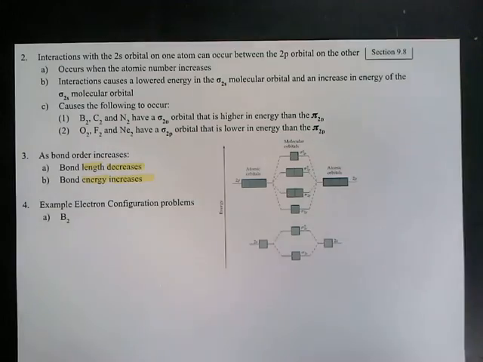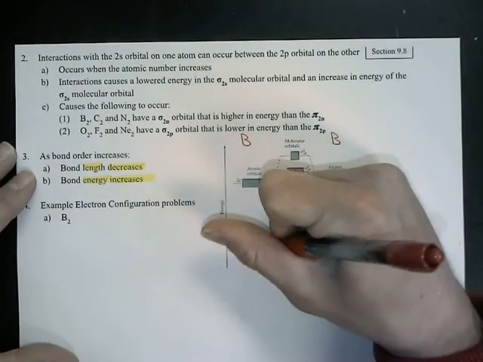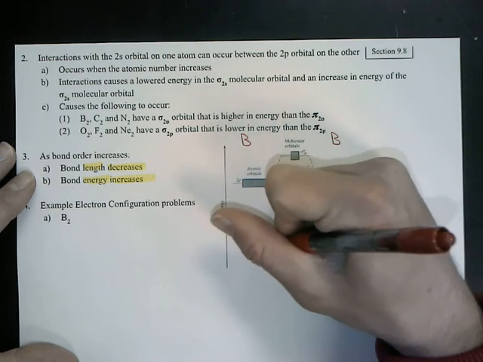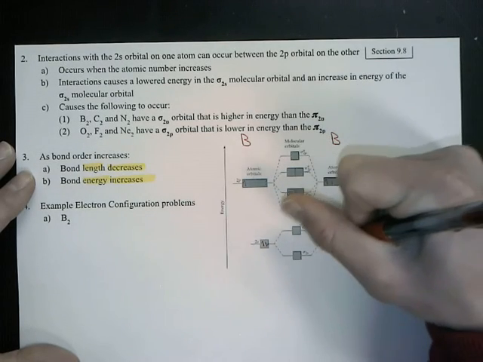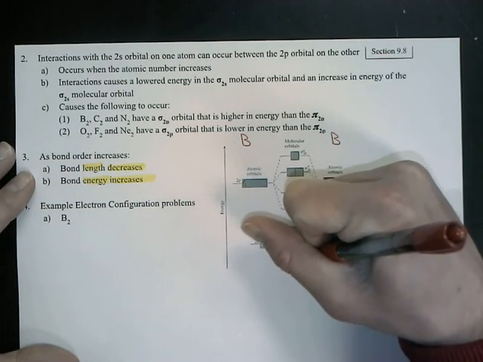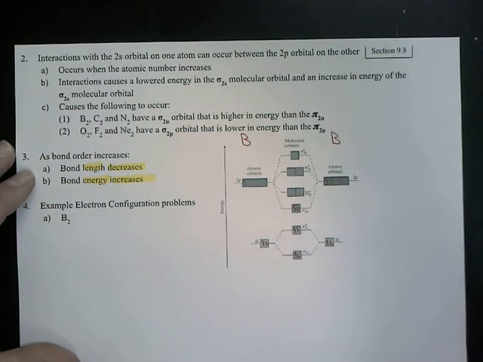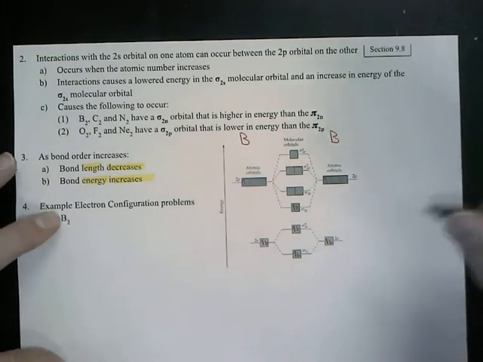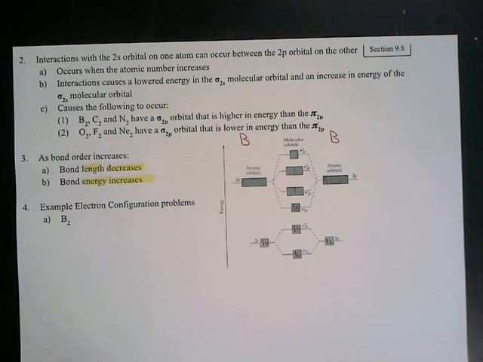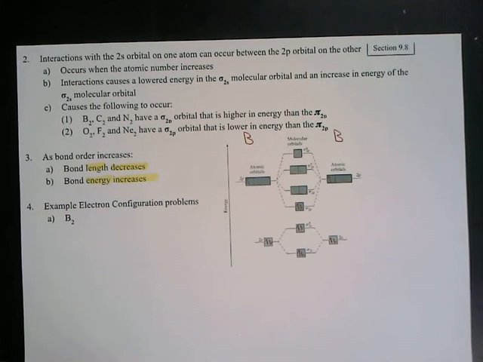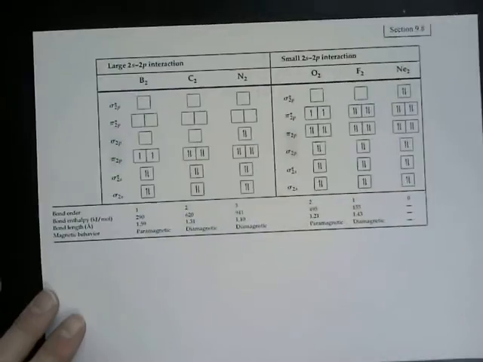So with our example here of boron, what would happen here is this. We in B2, okay, so let's skip this example for right now, and we will move on to talking about the chart.